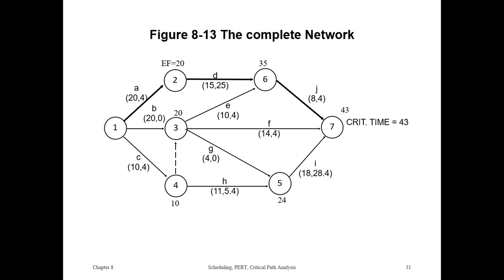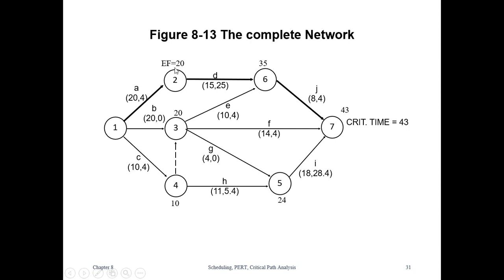The critical path means these are the activities that cannot be controlled; if you touch this particular activity, the whole project will be delayed. If you look here, this particular activity takes 20 hours or 20 days.